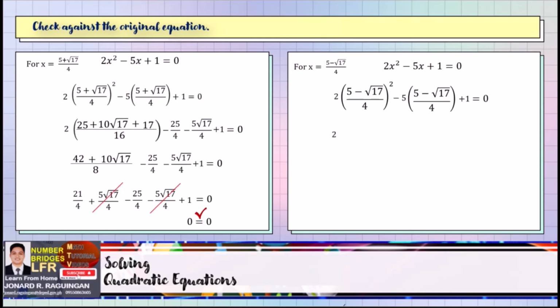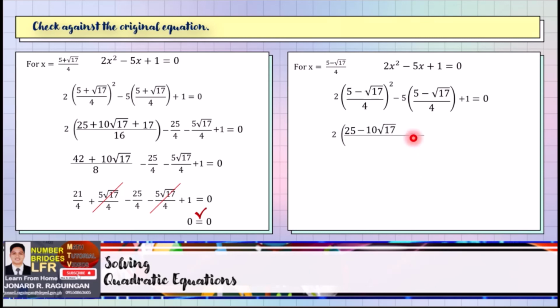Copy 2, square the binomial. Applying the rule, we have the square of 5, which is equal to 25. Then to get the second term, twice the product of the first term and the second term. That is 2 times 5 is 10 times negative square root of 17 is negative 10 square root of 17.